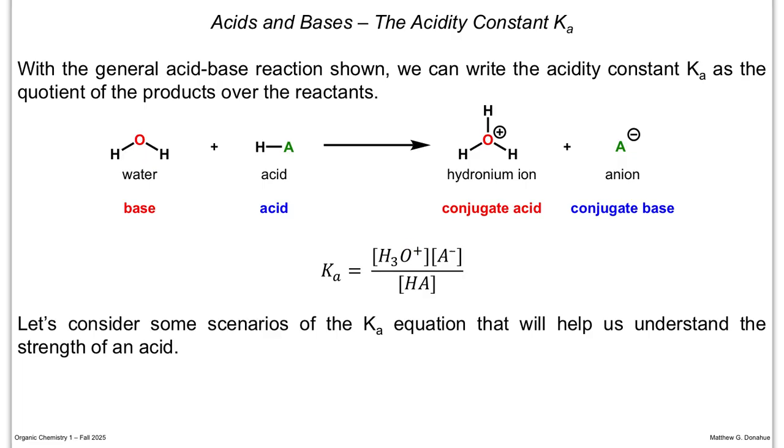We have hydronium, the conjugate base, and now the denominator is this HA. So remember, we're throwing that concentration of water into this Ka value as a constant. So this is what we're going to use to help us understand acid strength, this form of the equilibrium expression.